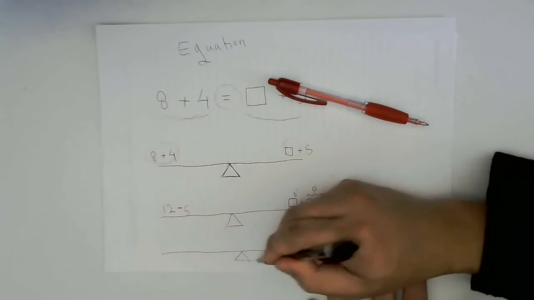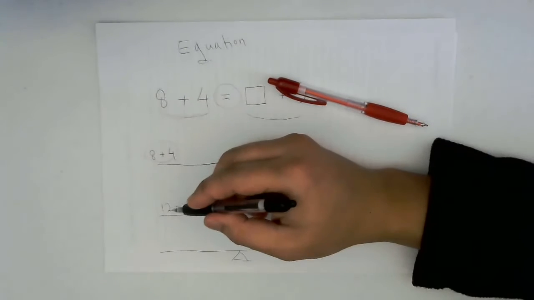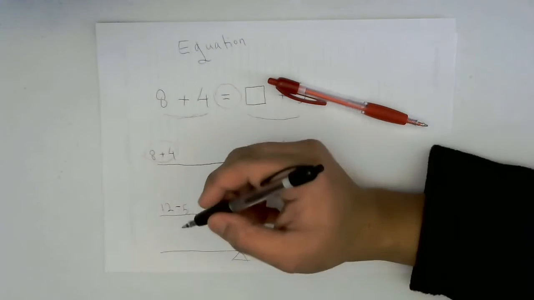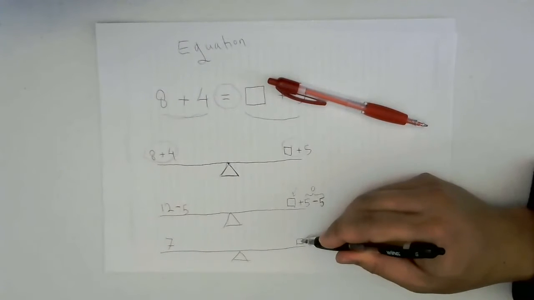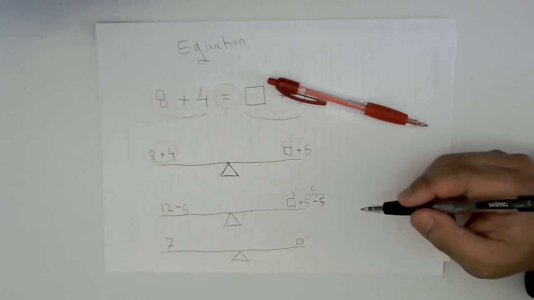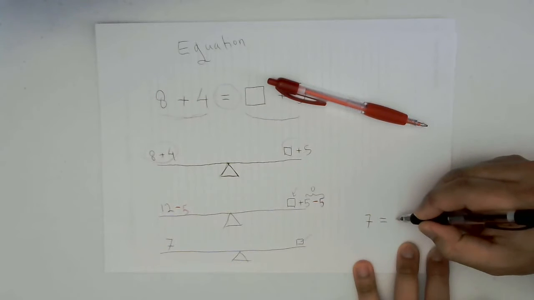In this case, you will have that box again. And now we have here 12 minus 5, which is 7. So the number that we don't know, what's in the box, equals 7, yeah? So 7 is equal to that box.